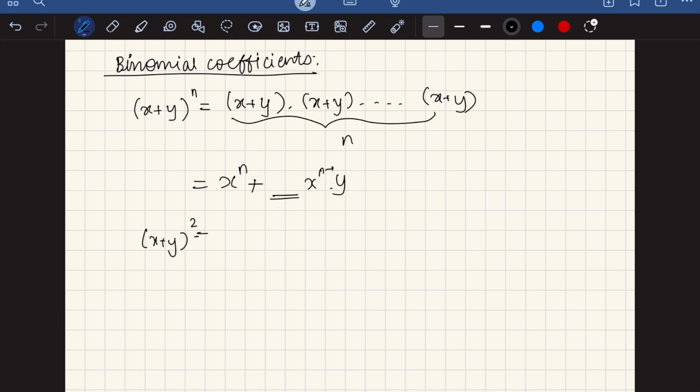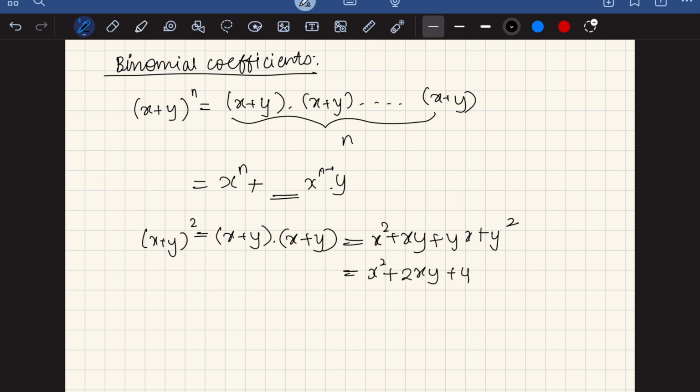So what would you do? This is nothing but x square plus xy plus yx plus y square, and this is x square plus 2xy plus y square. So the coefficient here is 2. So I'm asking you, in this general setting, what would be the coefficient of x to the n minus 1 times y? Is there anything that is unclear about the question?